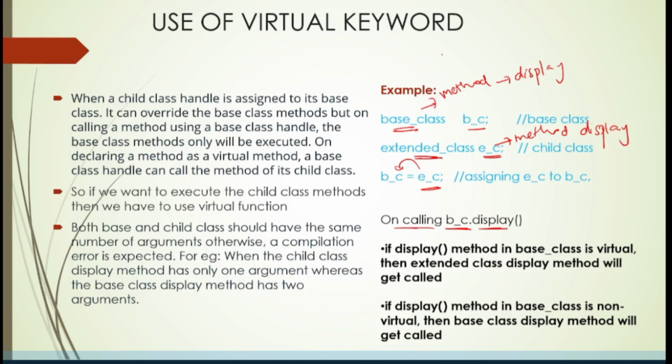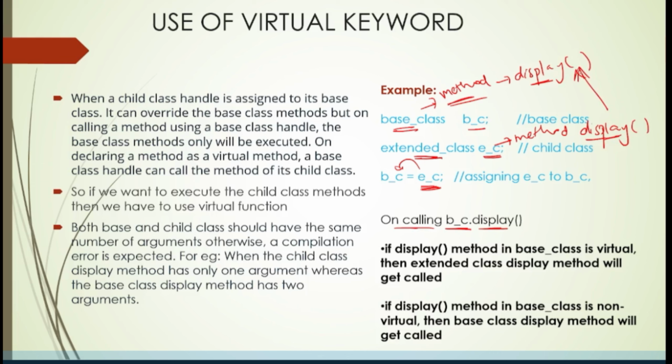It is not wrong. So now my child class has a display method, and my base class also has a display method. But since I am assigning everything that is there in my extended class to the base class, the base class display method can be overridden. That means the values can be overridden within this base class.